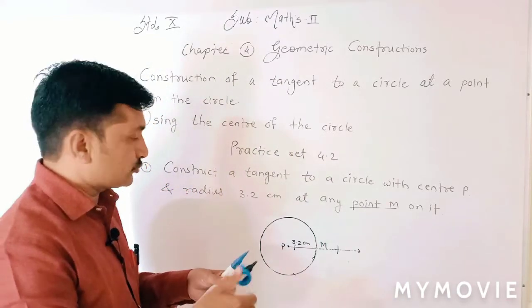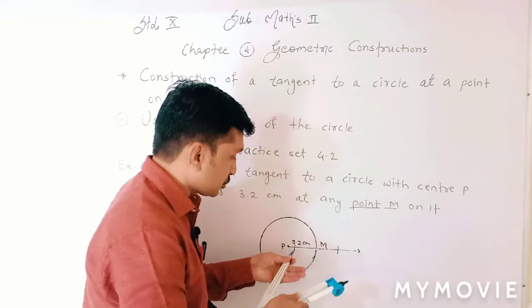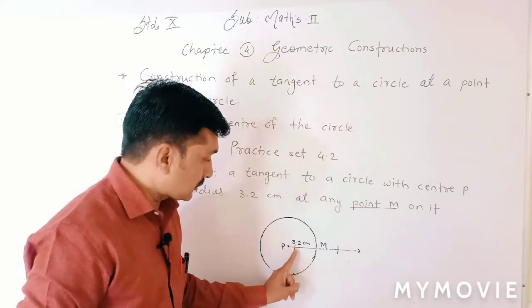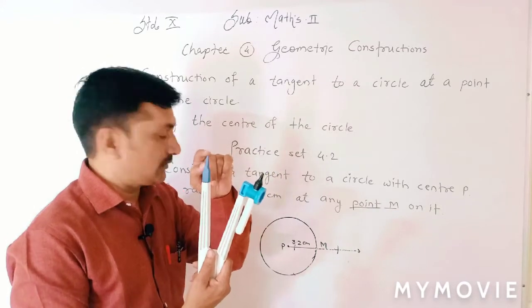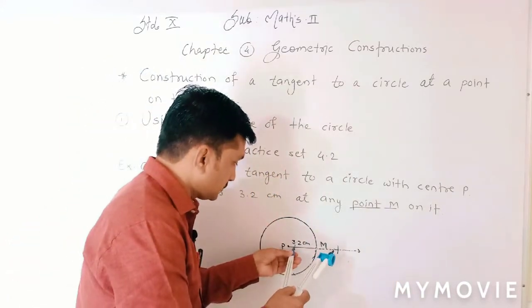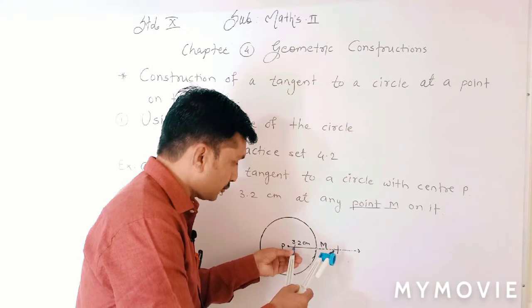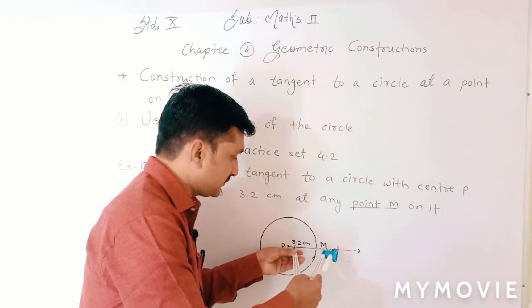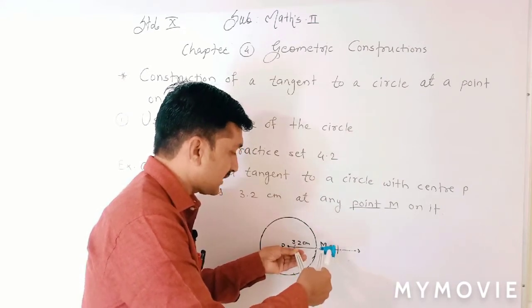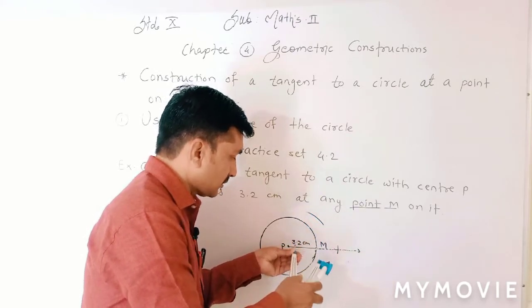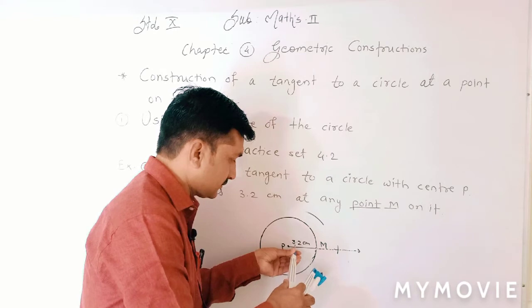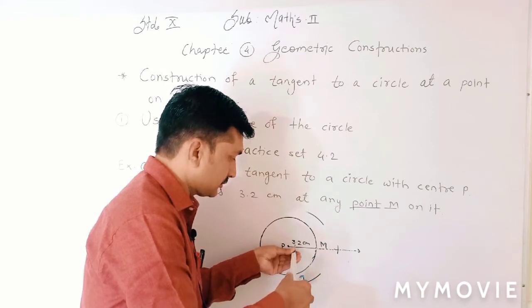Now after that, what do we have to do? We have to draw the tangent. It is easy now. Put the pointed end on this arc and take more than half distance, more than half means more than the distance to M. Draw one arc upside and a second arc downside in this way.